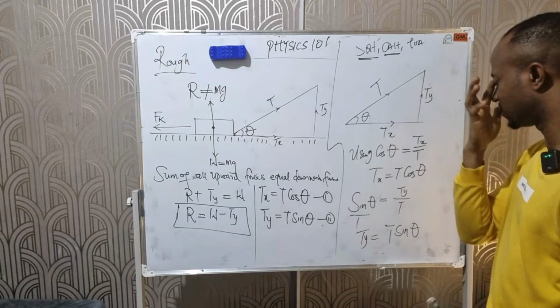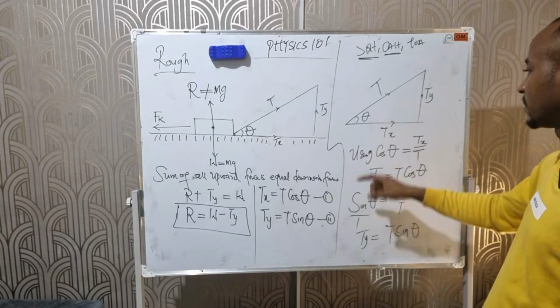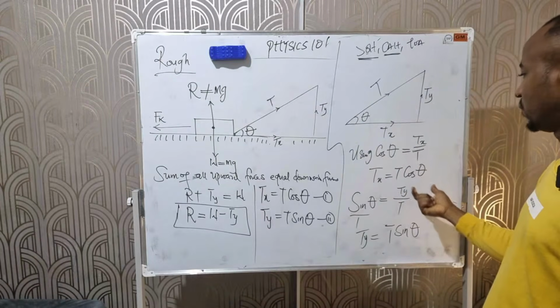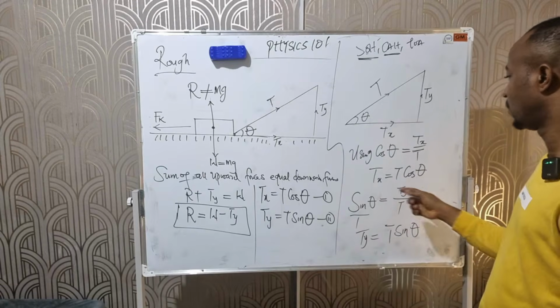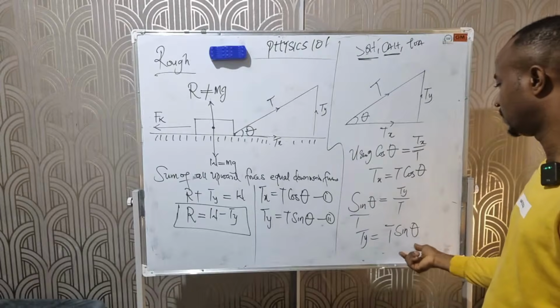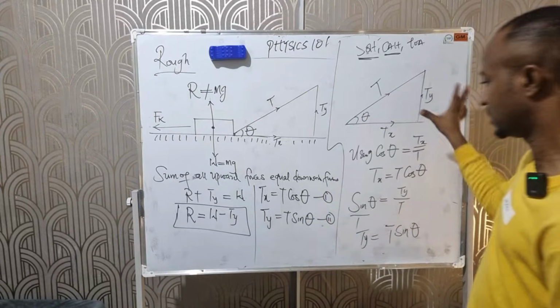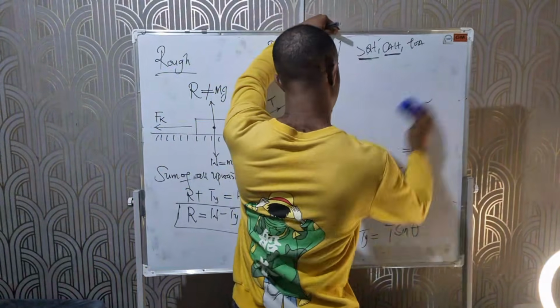In vector resolution, whenever the angle of inclination is along the horizontal, resolve your Tx, the horizontal component, will take the trig cosine, which is T cos theta, while Ty will take the trig sine, which is T sine theta. Now we know better. Now let's see how we can evaluate further, right? Okay.